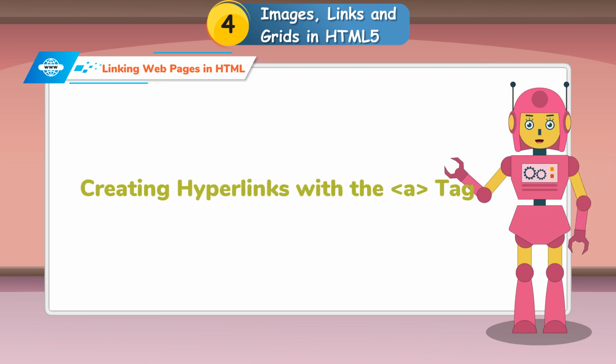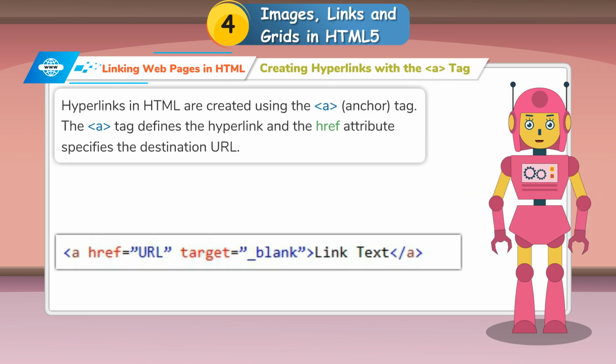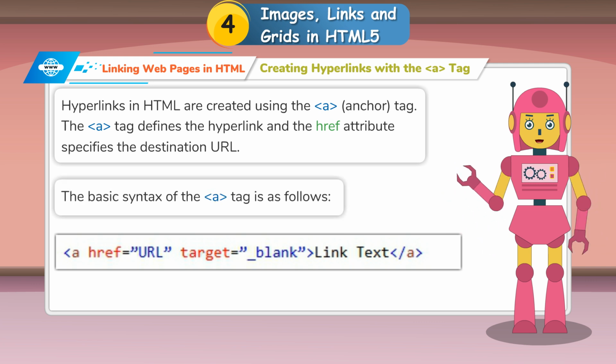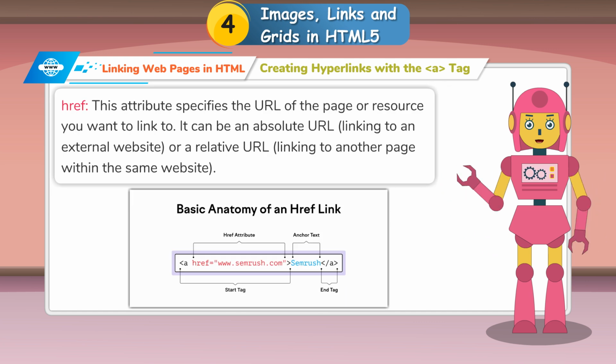Creating hyperlinks with the a tag. Hyperlinks in HTML are created using the anchor tag. The a tag defines the hyperlink and the href attribute specifies the destination URL. The basic syntax of the a tag is as follows. href.